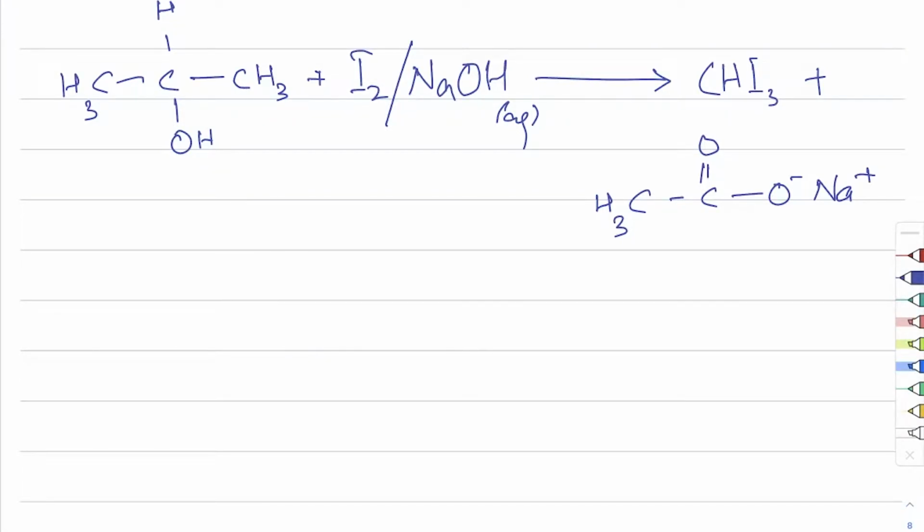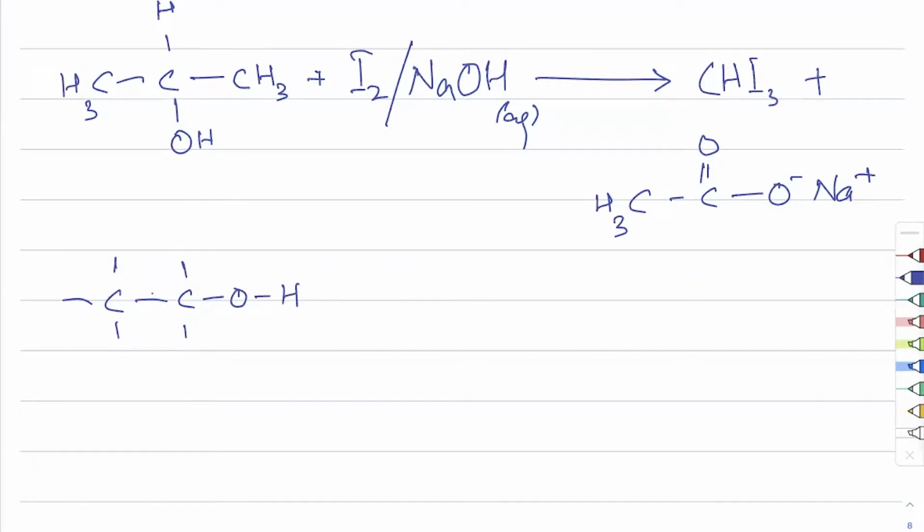Will ethanol do this? The iodoform reaction. Yes, sir. Why? On one carbon it has OH, and then on one it has CH3. No, on the same carbon it has CH3. It's important that the carbon that has OH should have a methyl on it.